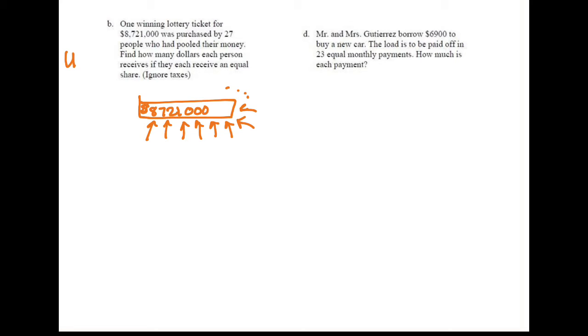I'm not going to draw every one of them, but we have 27 people that each need an equal part. When you're splitting things equally, that's divide. So let's do an estimate on this one. Since we have some big numbers, maybe we'll be able to get something that'll work here. So we round that one to approximately 9 million, right?